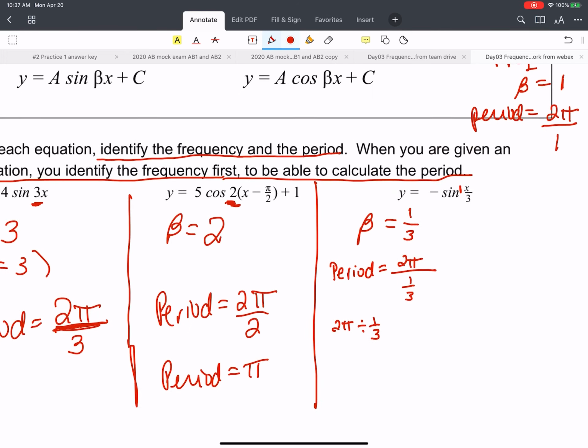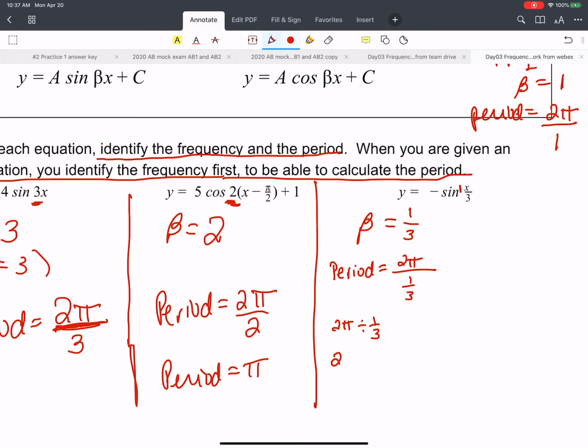And if you remember keep, change, flip, you keep the first one, you make division into multiplication, and then you flip the fraction. So you multiply across, so you can consider that like over 1, and then you say, oh, that's 2 pi times 3 is 6 pi. And 1 times 1 is 1, so this is 6 pi. So my period is 6 pi.